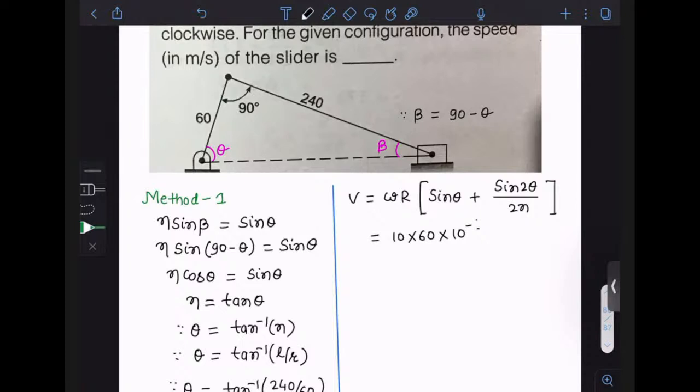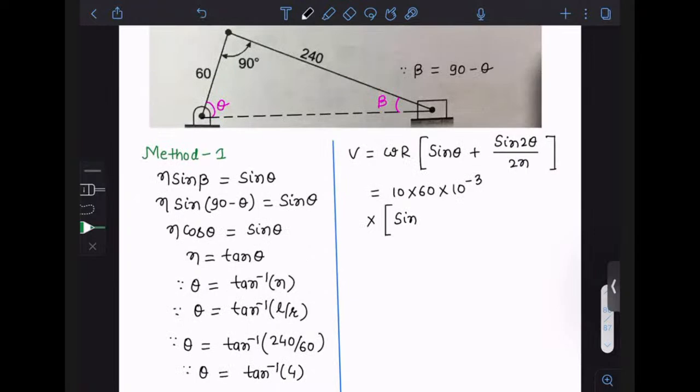Sometimes it's very difficult to write on this iPad, right? Okay. Sine theta. Sine theta. Theta value we have 75.96.